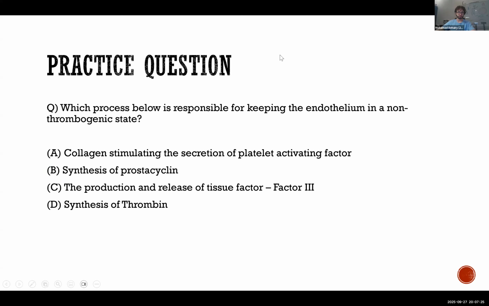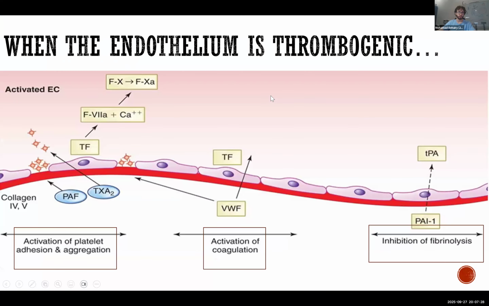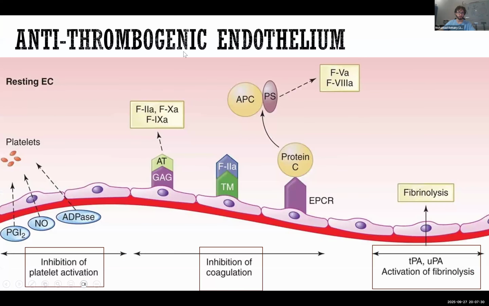So if we go back, we said normally when the endothelium is not injured, it is antithrombogenic. And if the endothelium is not injured, why would we want clotting and coagulation? Right? We said the way the endothelium is antithrombogenic is through certain substances that are secreted by the endothelium. What are these substances?